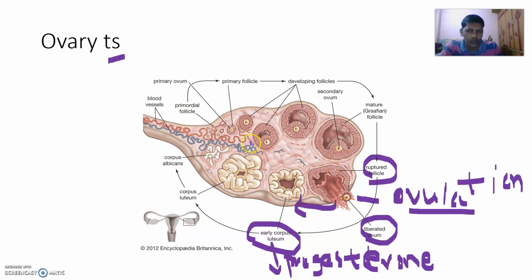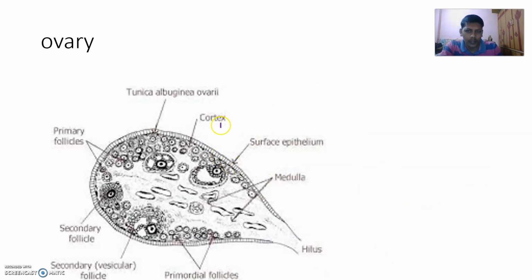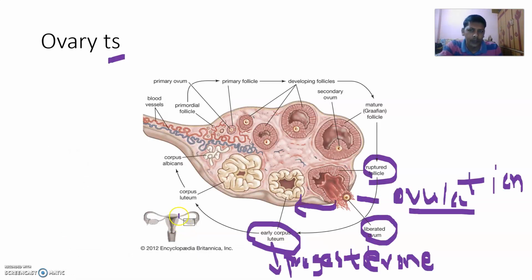The outer part of the ovary is called the cortex, and in the inner part there is the medulla. In the cortex there are follicles of different stages. This is the cortex part, the outer part, and this is the medullary part, the ovarian medulla. This is called the ovarian cortex.